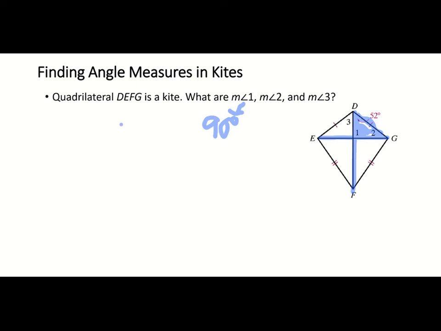So I'm just going to do 90 minus 52, and that is going to give me 38 degrees. So angle 2 is 38 degrees. Now we do need to find angle 3.